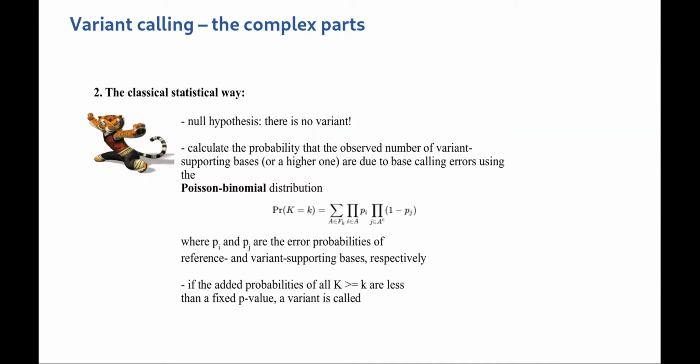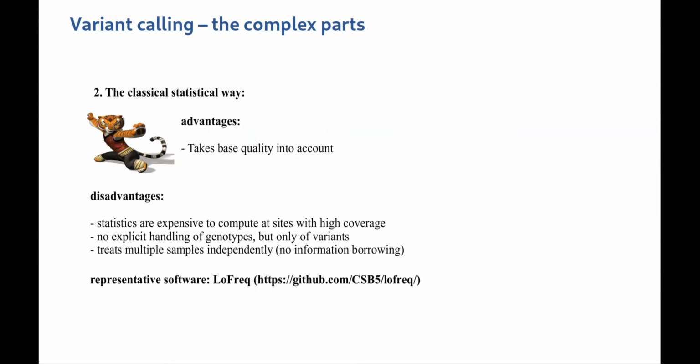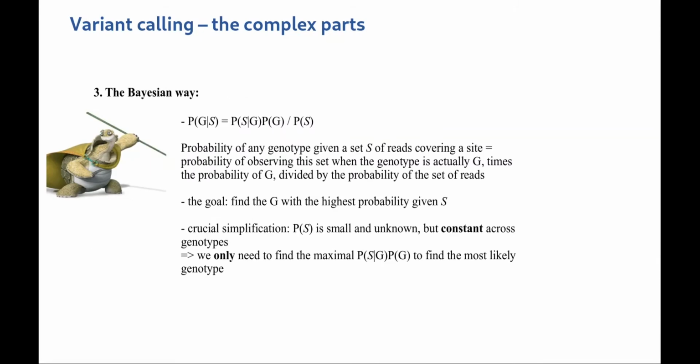So is there a more sophisticated approach that can treat genotypes? Yes, there is, and there's a really good one, and that's the Bayesian way. Bayesian variant callers, of course, rely on Bayes' theorem, remodeled to work with genotypes and sequenced reads.